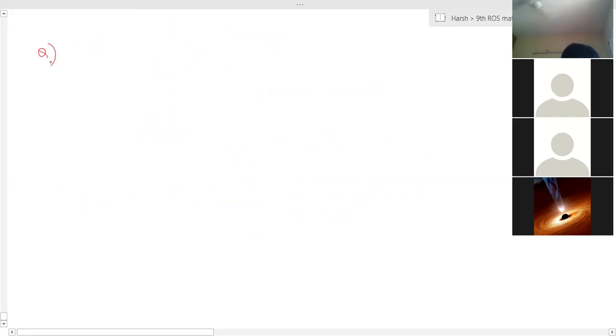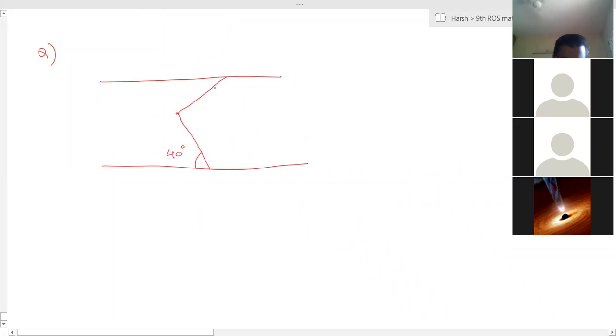I'm giving you a question in a figure. Let me draw a figure first. P X Q, R Y S, M. In the figure, PQ is parallel to RS, this is the sign of parallel.